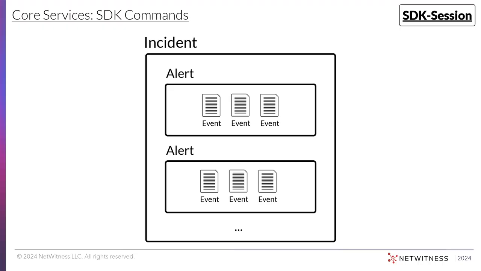So, organizations might use a playbook to iterate through each alert, and again through each event to pull out those session IDs. From there, the session IDs could be used in a SDK values or SDK packet call for more analysis. Or, as we discussed, you could feed them into SDK session and collect the meta IDs, which might have better performance in some cases.